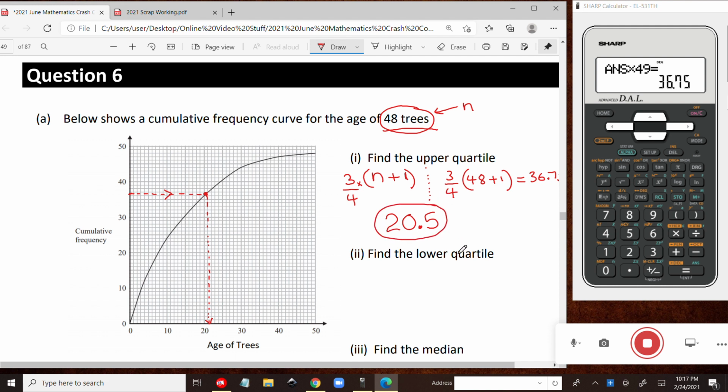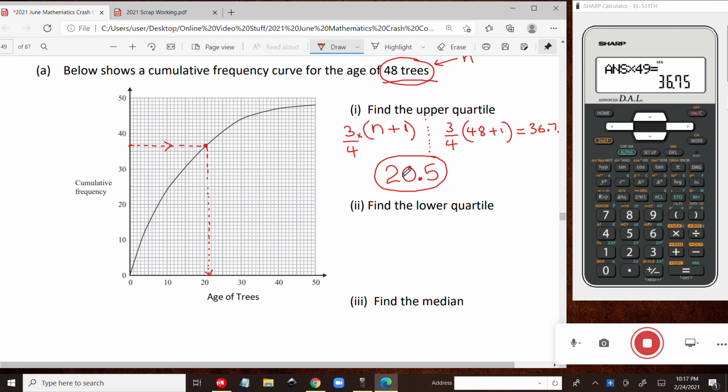So to find the lower quartile now, we do almost the same thing. We say n plus 1, but lower quartile means we multiply by a quarter instead, not 3/4. Upper quartile is 3/4. Lower quartile is 1/4. So it's a quarter of 48 plus 1.